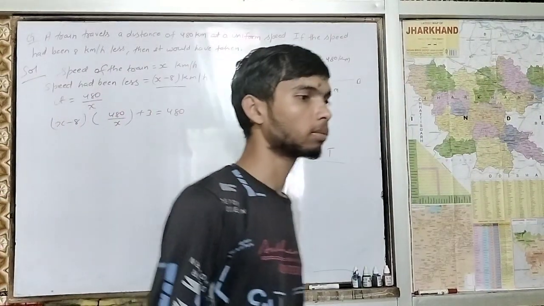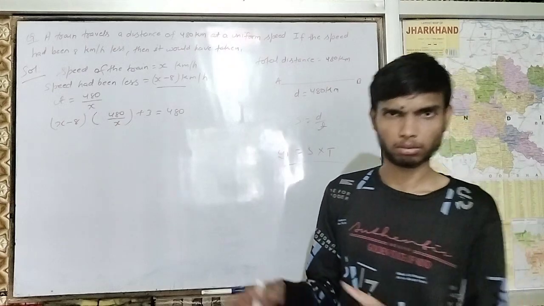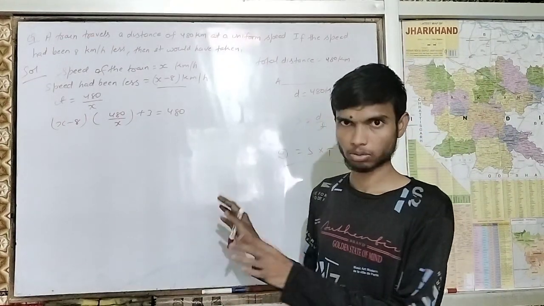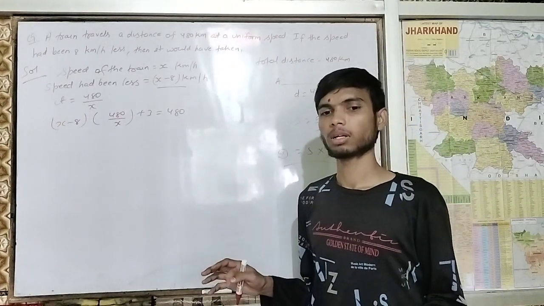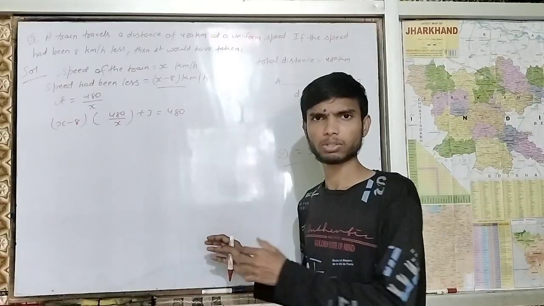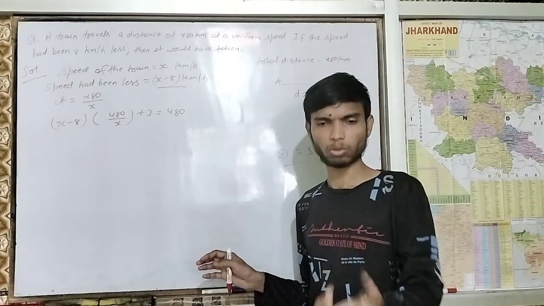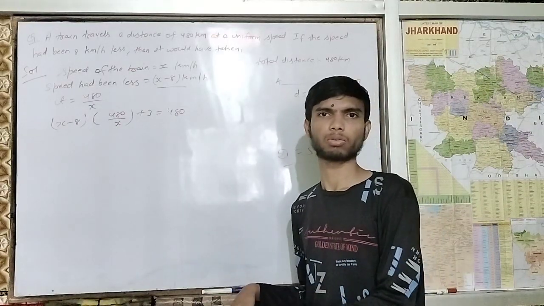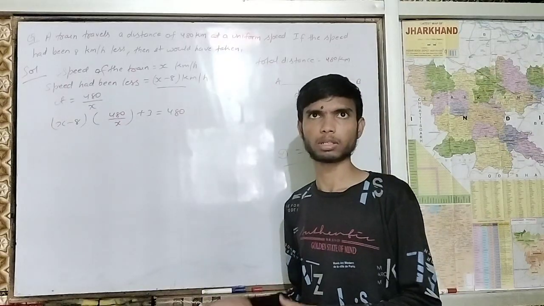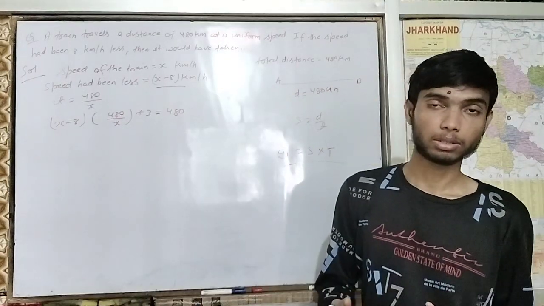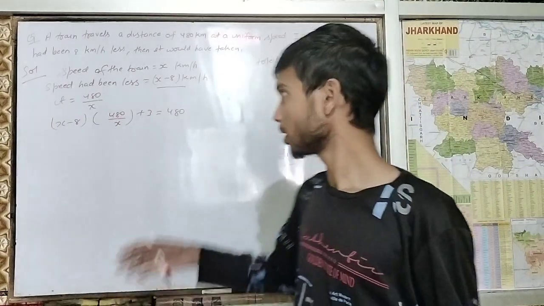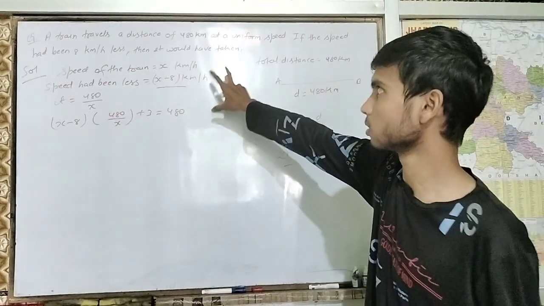I am saying you solve this question by yourself. I know that in this question you may be looking at the device and solving, and I can understand your feeling. I am also new to this question.